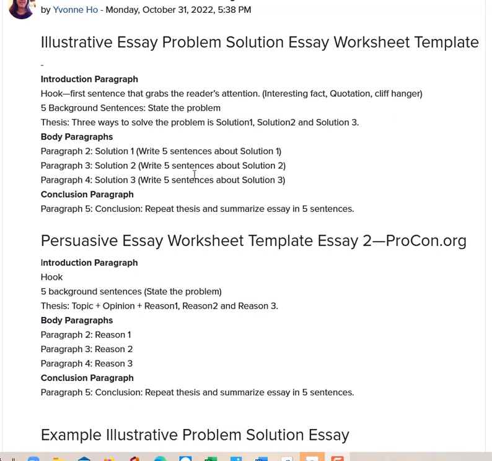So an interesting fact, in this example, I'm going to give an example about obesity, for instance. An interesting fact would be 85% of Americans are overweight. Since 1962, people are 25 pounds heavier than they used to be.